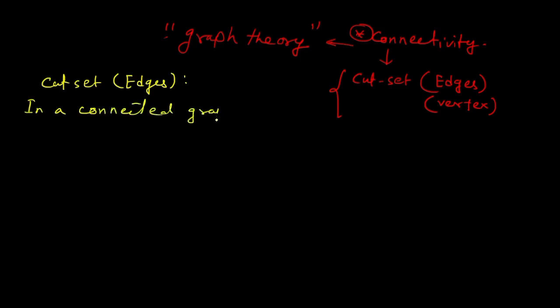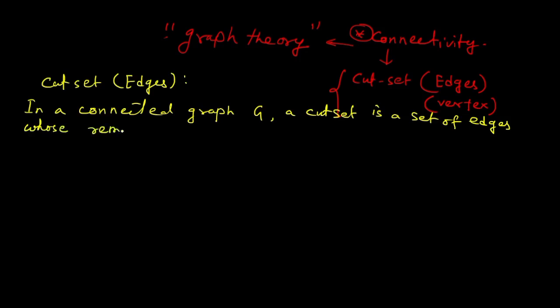In a connected graph G, a cut set is a set of edges whose removal, see this term, whose removal from that graph G leaves a disconnected one.